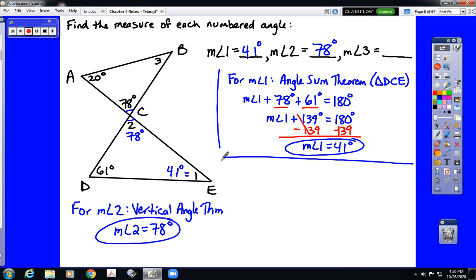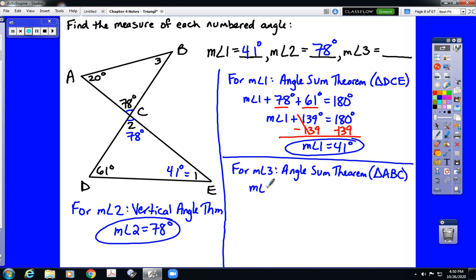Okay, so then we're going to move on and we're going to find the measure of angle 3. For the measure of angle 3, we're going to use the angle sum theorem again. This time on triangle ABC. In this particular picture, the measure of angle 3 plus the 20-degree angle at angle A and the 78-degree angle formed by angle ACB, those 3 angles together form a triangle, meaning they add up to 180 degrees.